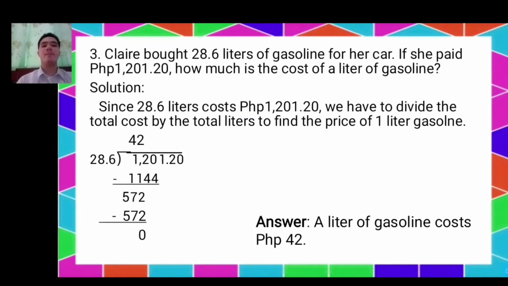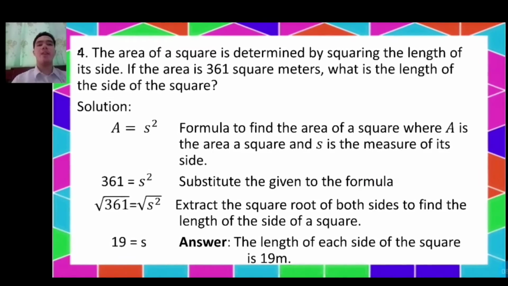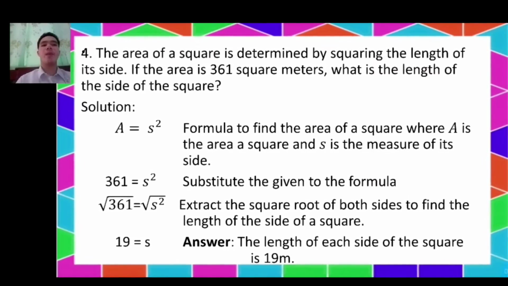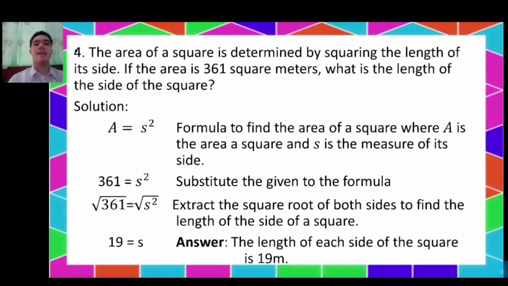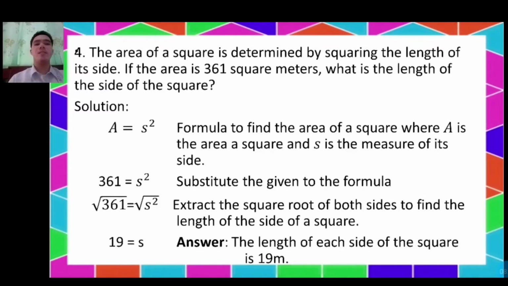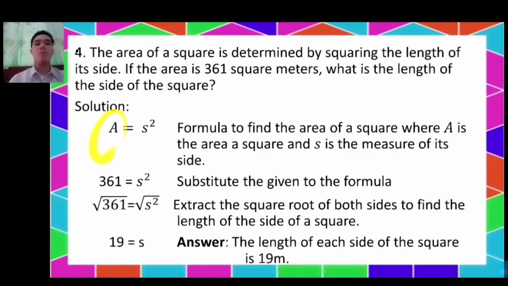1,201.20. Number 4. The area of a square is determined by squaring the length of each side. If the area is 361 square meters, what is the length of the side of the square? So, suppose A will be our area, then S will be the length of each side.